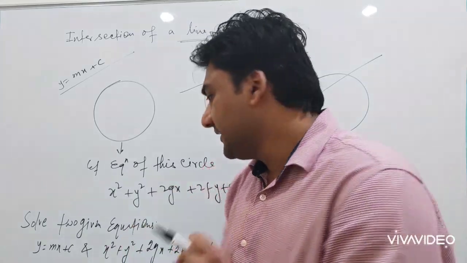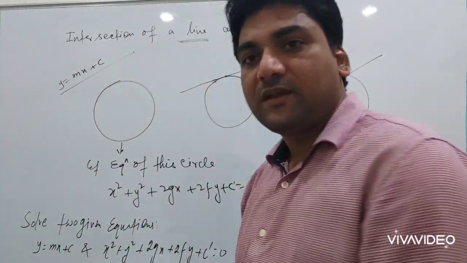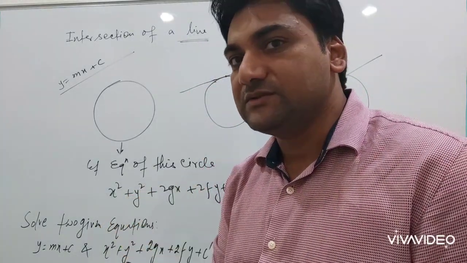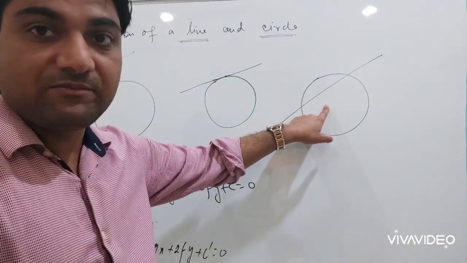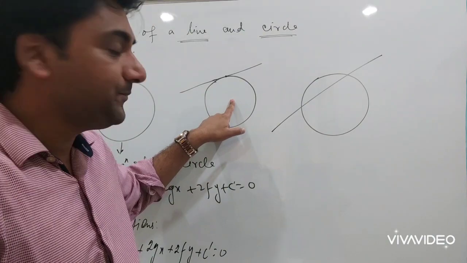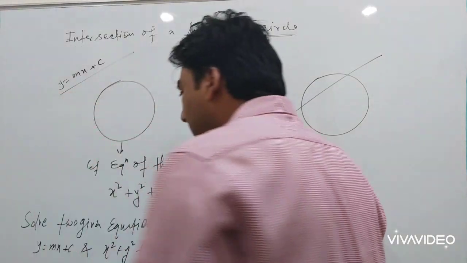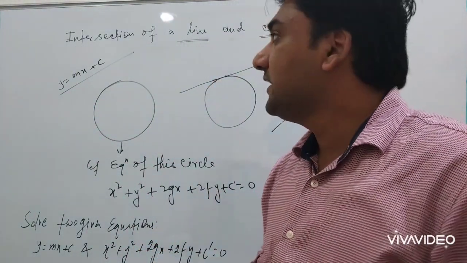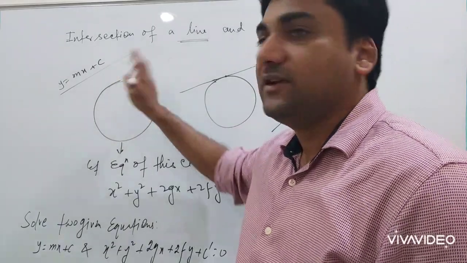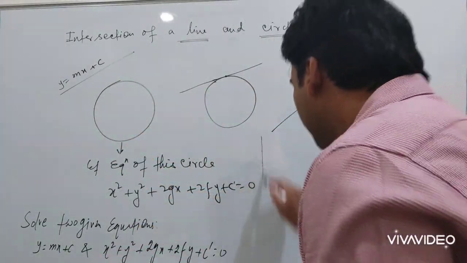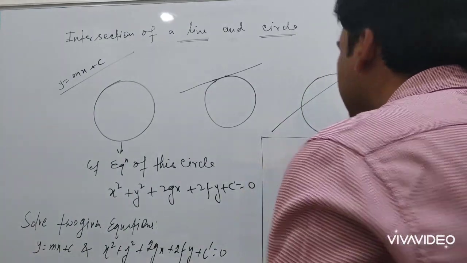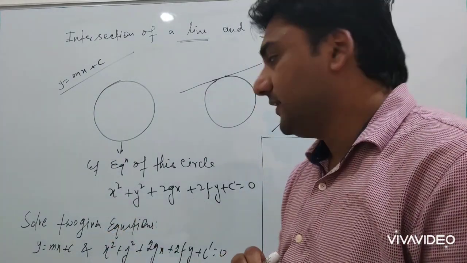Try to understand: after solving, if you are getting some real values, it means this possibility or this possibility can be there. But if you are not getting real values, it means this possibility you will get. Why? Again, we will understand, but before that, let us understand how you will solve.